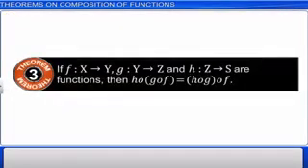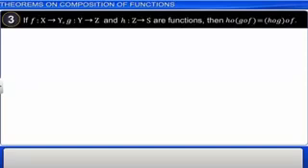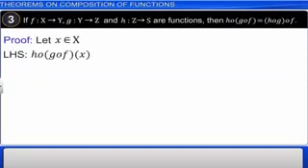If f is a function defined from X to Y, g is a function defined from Y to Z, and h is a function defined from Z to S, then the composition of functions satisfies the associative property. Consider any arbitrary element x of set X. Let's begin with the left-hand side, which is the composition of the function g circle f and h. This is equal to h of g circle f of x.